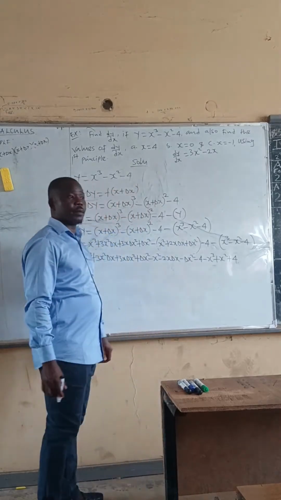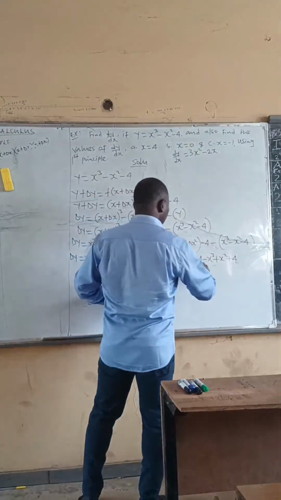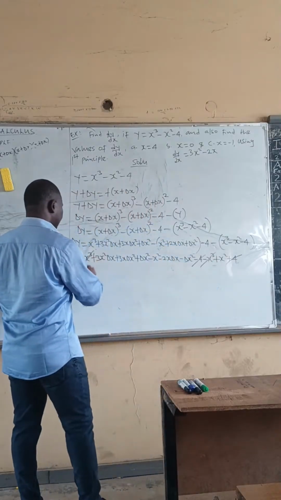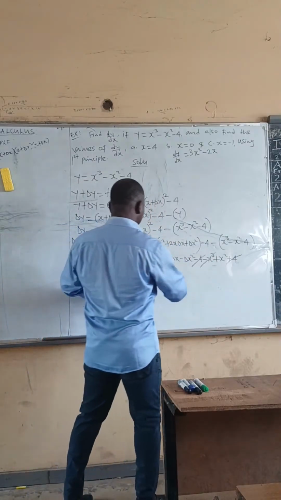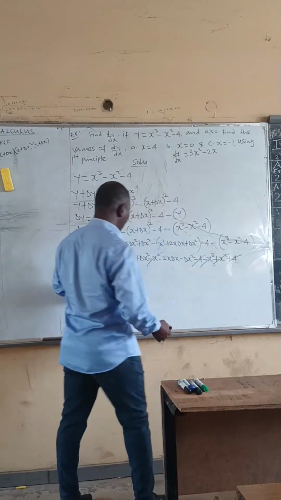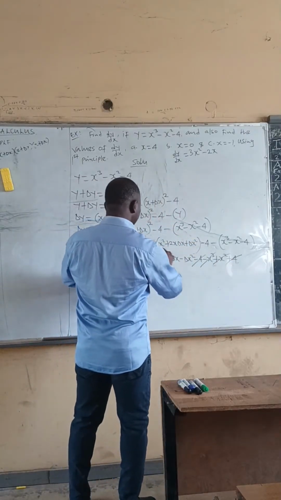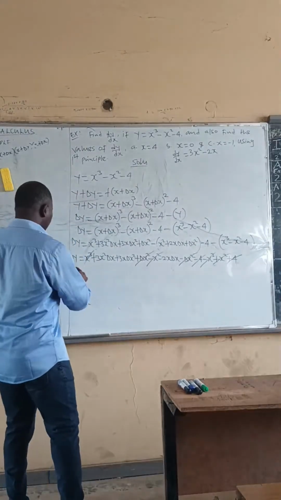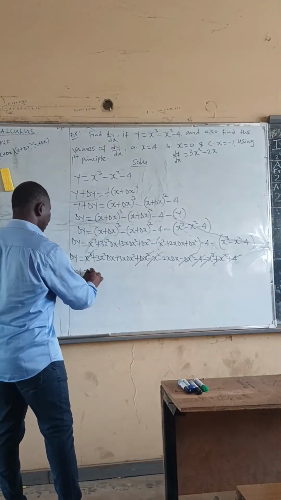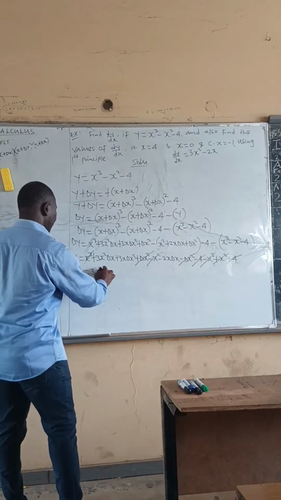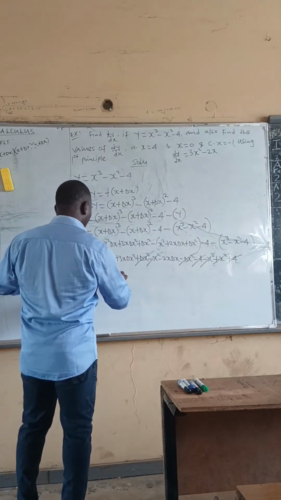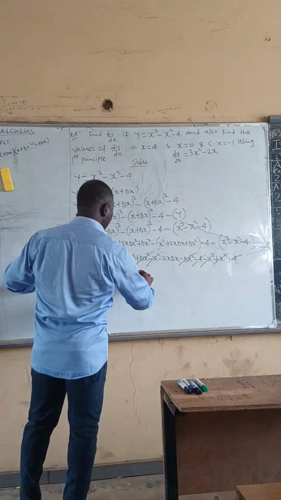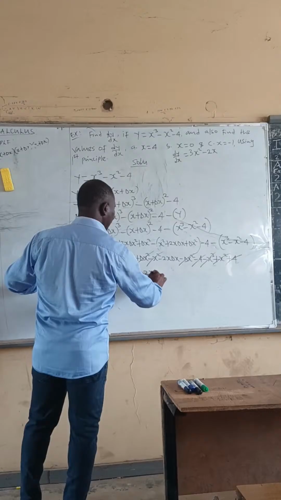True or false? So this and this will go, and this and this will go. Which one again? This and this will go. As you can see, this and this will cancel. True or false? Then we will be left with y is equal to 3x squared dx plus 3x dx squared minus 2x dx.